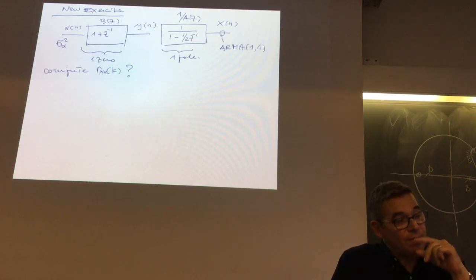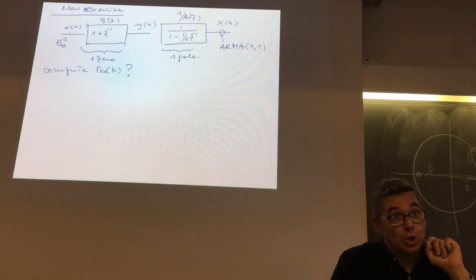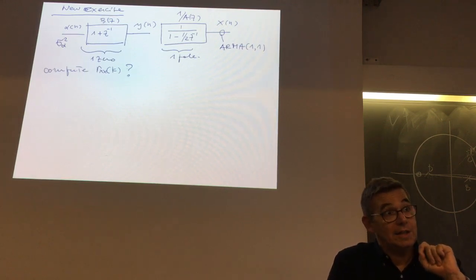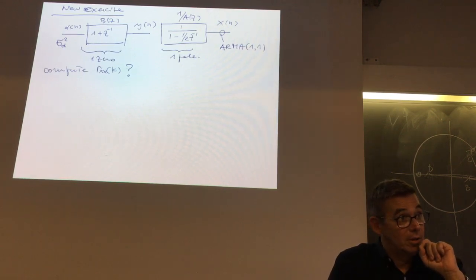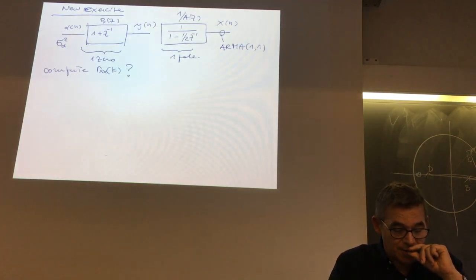Now, if you are asked to calculate the autocorrelation of the output, don't calculate it in the way it is now. You will see in 1 second why. Because, you know, what's happened there?